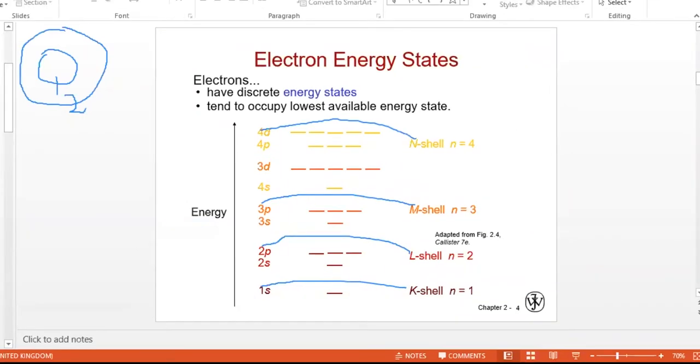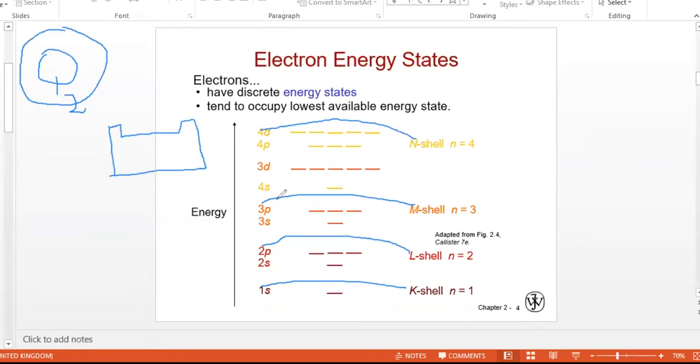Sir, why 3s, 3p, 3d? Why does 4s come like that? Okay, this is the question I was expecting. When we are filling in the periodic table, these atoms will fall in the order of energy.